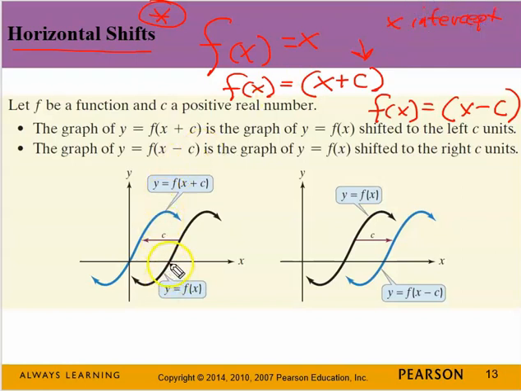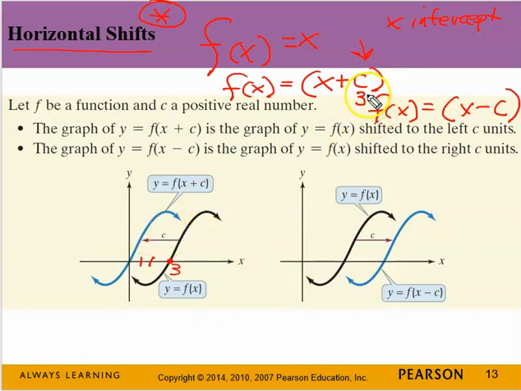Now, let's say our x-intercept here was 3 or whatever number. This was a 3 here. We're going to shift it this many units over. So this c would be a 3, x plus 3. Now you would think, since it's a plus 3, you would move it this way.